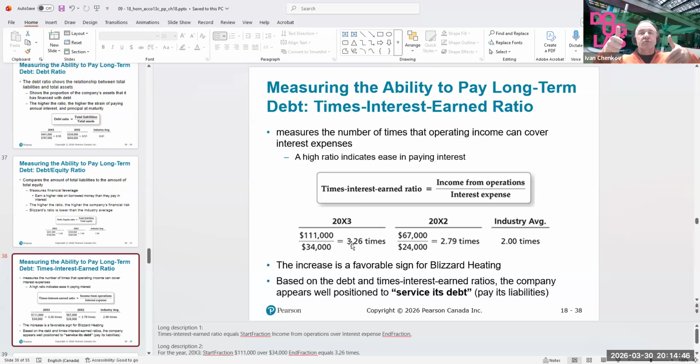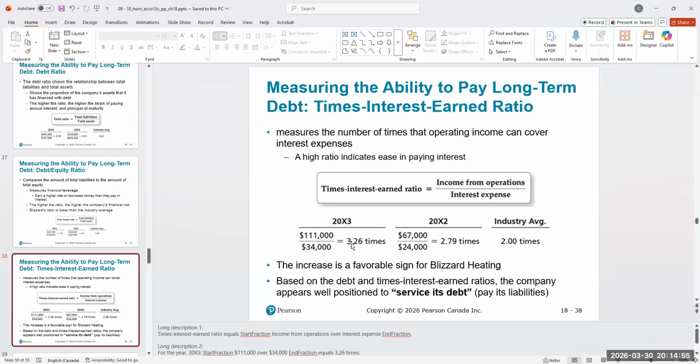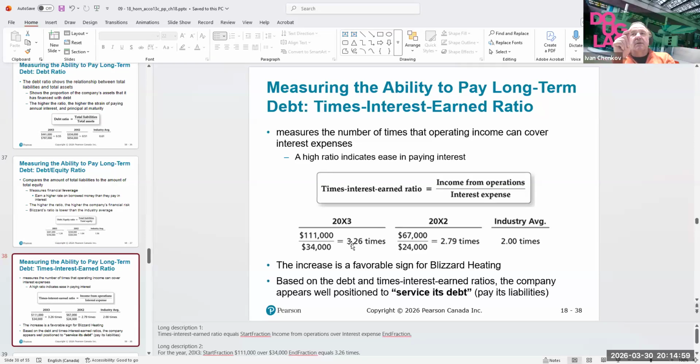What does that mean to the cost of debt? You don't worry about the debt, because adding more debt is going to help you generate more operating income. It also means that you're above the industry average, going higher every year.